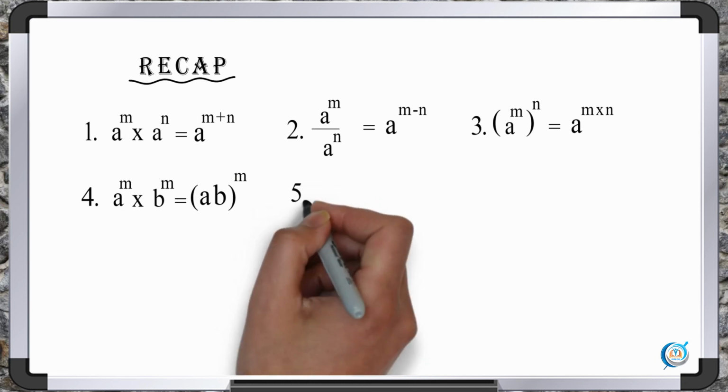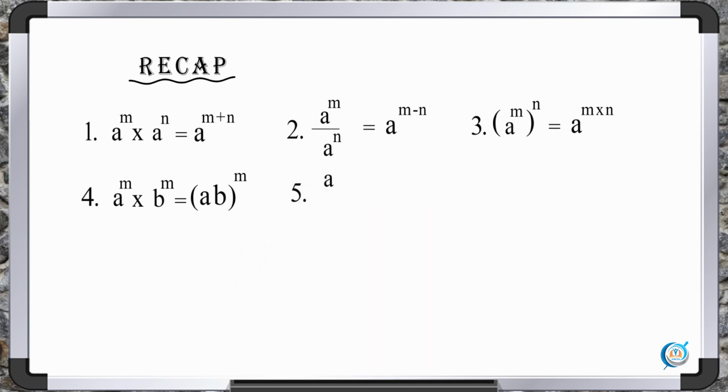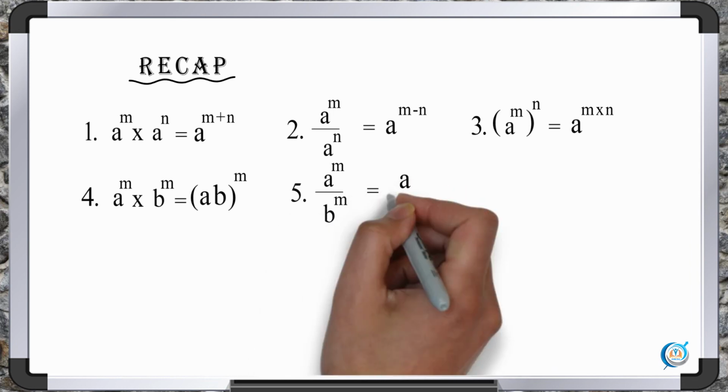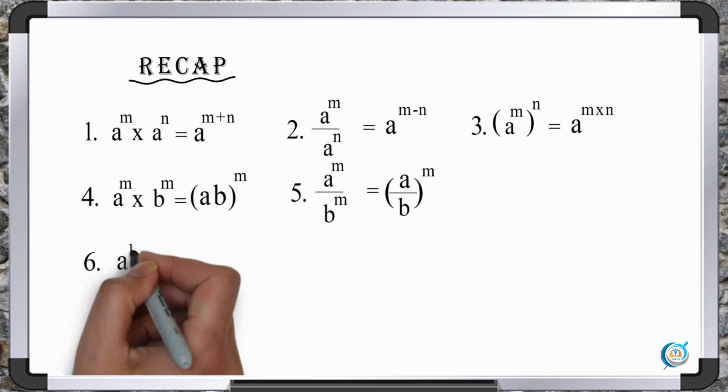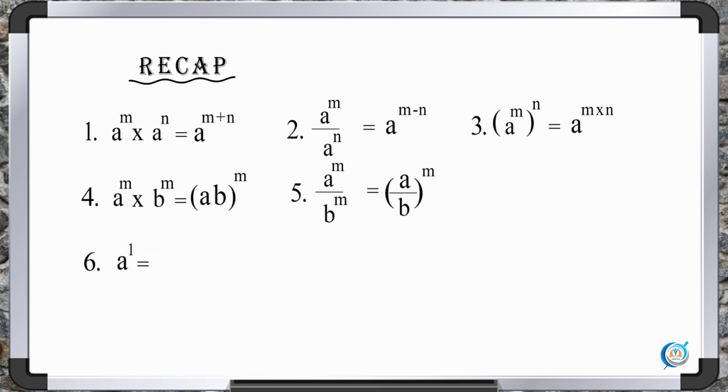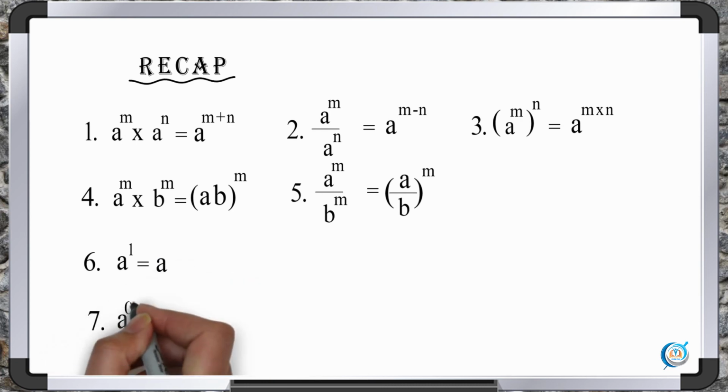And same way in division, fifth one, a power m by b power m can be written as (a by b) all power m. Sixth one is any number to the power 1. A power 1 will be equal to a. And seventh one, any number to the power 0.